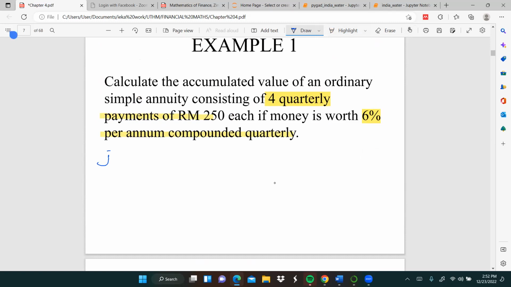So J4 is equal to 6%. We need to find our i: 0.06 divided by 4, so we have 0.015 per quarter.